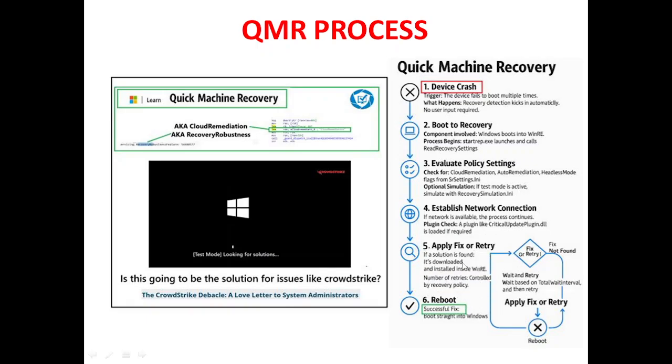If the solution is applied and it can recover the issue, it will apply that fix and then reboot after the fix is applied. If the solution cannot recover the issue, then it will retry until a solution is found. It will retry from the second step.